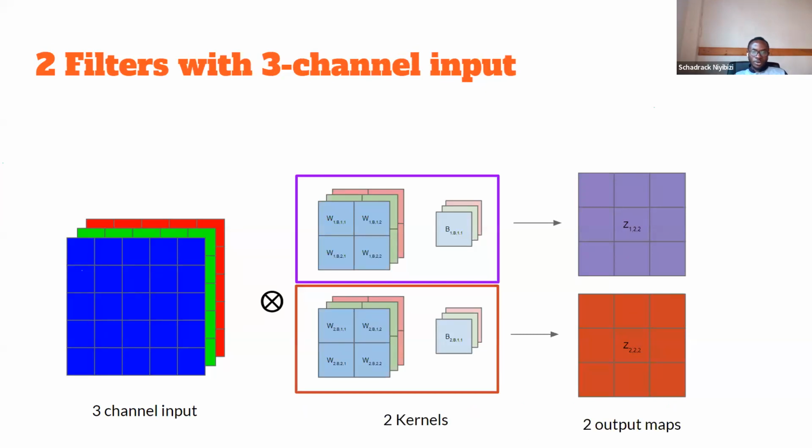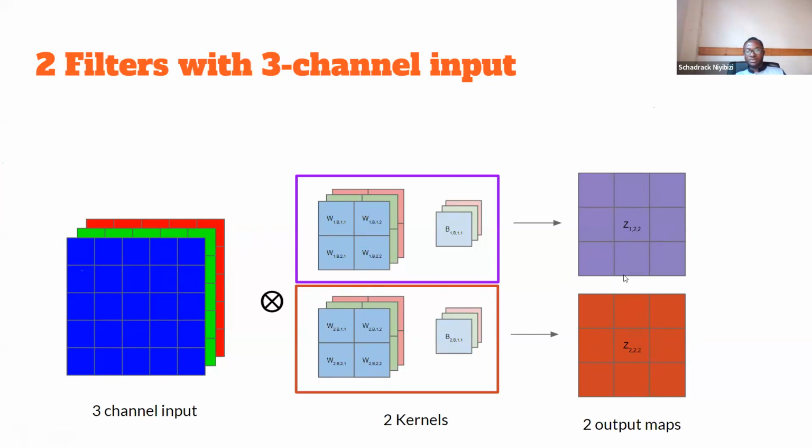Yeah, so if you have two kernels, it means we'll be having two output maps. Two kernels, two filters. You can see this, the first one will be applied to all those three channels here, then we get the output map. The second one will also be applied to all those three input channels, then we get the final output map.